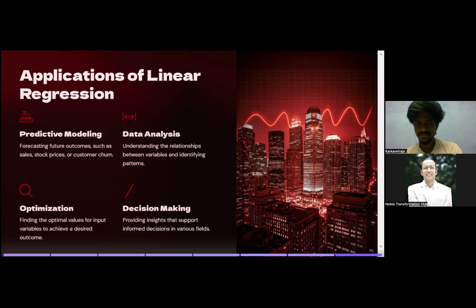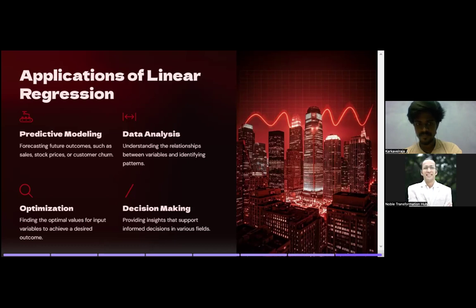It can be linear, it can be polynomial, it can be anything. Then polynomial, it can be multiple dimensions, right? With multiple variables. But here we are talking linear regression, predicting model, forecasting future outcomes such as sales, stock price, and customer churn. The nature of linear regression is it is continuous, right?